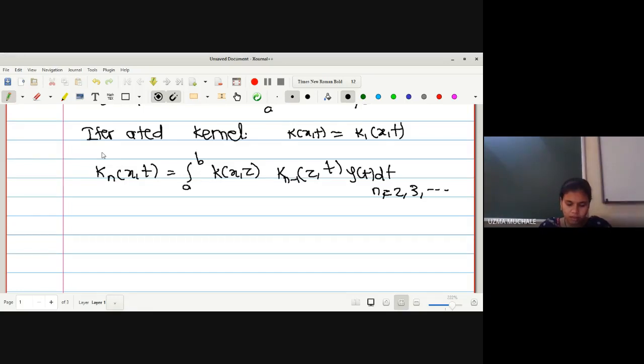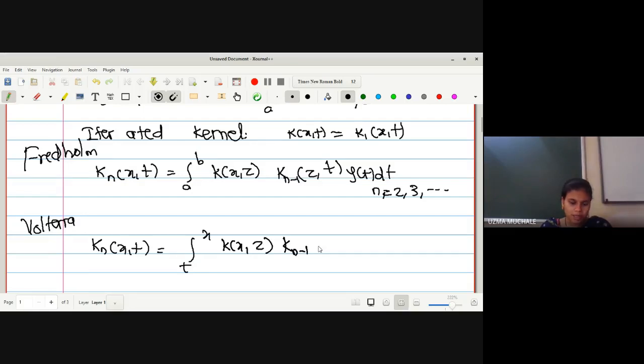Now for that, let me give you the iterated kernel for the Volterra integral equation. Let me write down the formula for the iterated kernel for the Volterra integral equation. So kn of xt is equal to the integration from t to x of k of xz kn minus 1 of zt dz.